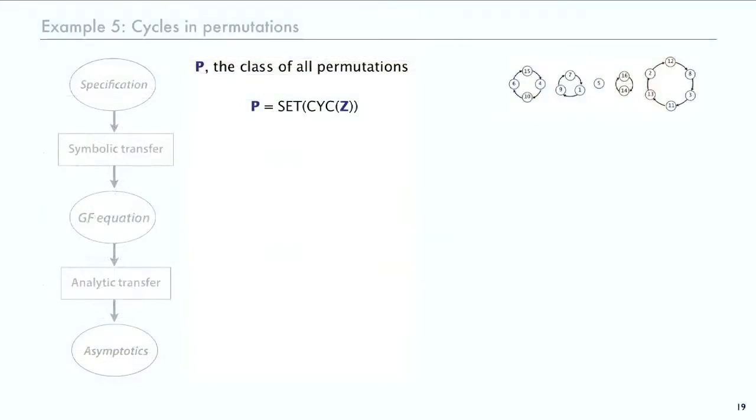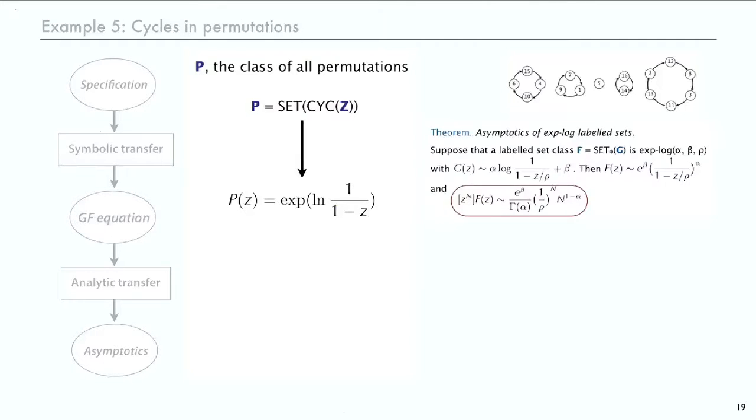So our construction is: a permutation is a set of cycles. So that immediately translates to e to the log of 1 over 1 minus z for the cycles, e to that power for the sets, XBLOG. So that form of the generating function says we're going to use the XBLOG theorem.